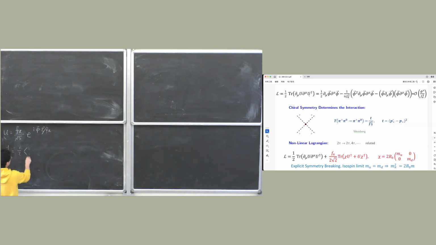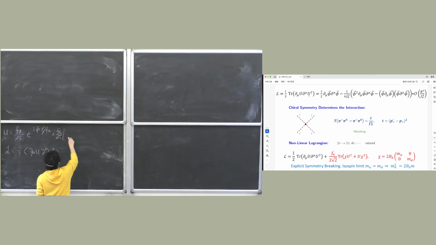Trace, I will use this symbol to stand for the trace. It's partial mu U, partial mu U dagger. So obviously we need to expand it because it's an exponential. We should expand it at the origin, and it should go like this.